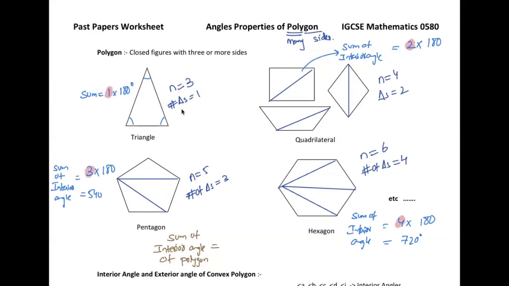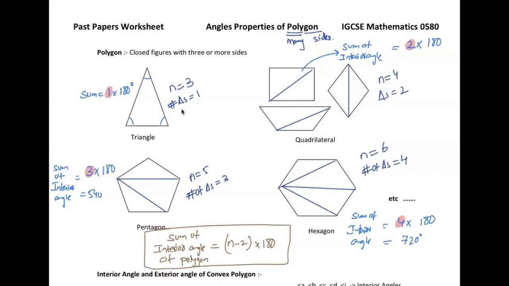And the number of triangles in any polygon is going to be 2 less than the number of sides. So n minus 2 represents the number of triangles, times 180. Guys, this is the formula for finding the sum of interior angles of a polygon. Are we clear till here?